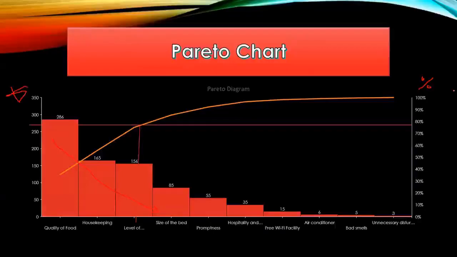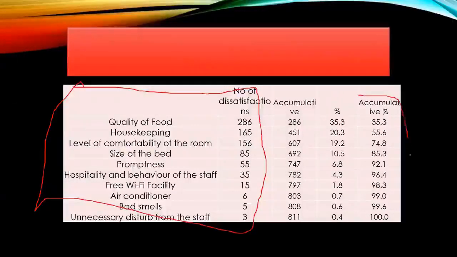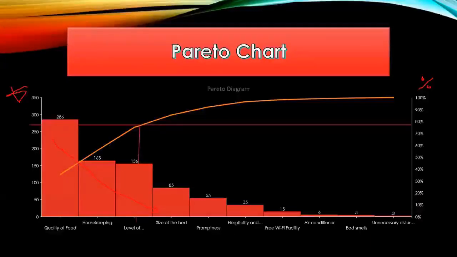Here the number of cumulative percentage of the dissatisfied customers, right? Now you are required to draw the line chart. For that, I am going to use this line for the quality of foods, 35 point something here.